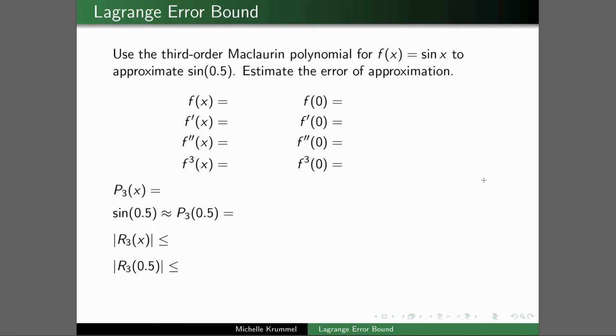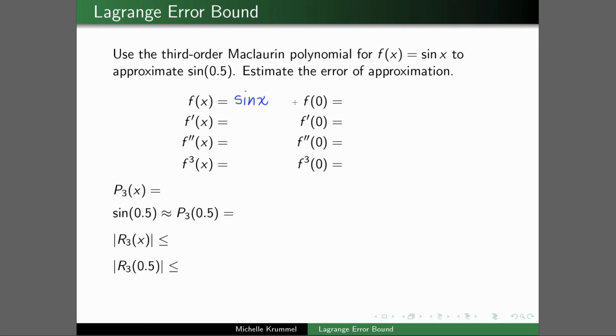Let's look at another example where we use the Lagrange error bound to estimate the error of approximation. We're going to use a third-order Maclaurin polynomial for f of x equals sine x to approximate the sine of 0.5. Because it's a Maclaurin polynomial, I automatically know it's centered at 0. Our function f of x equals sine x.